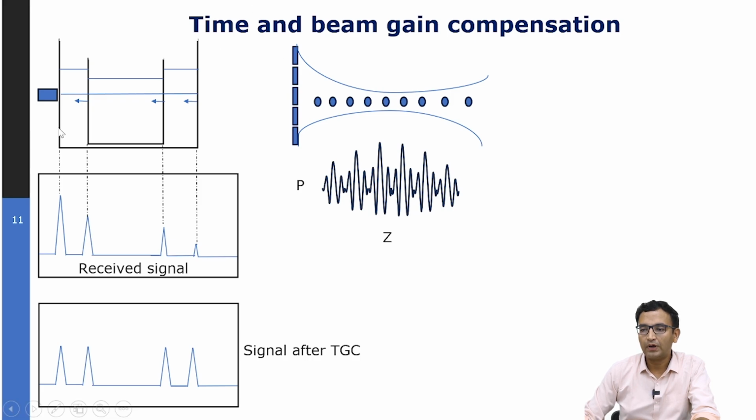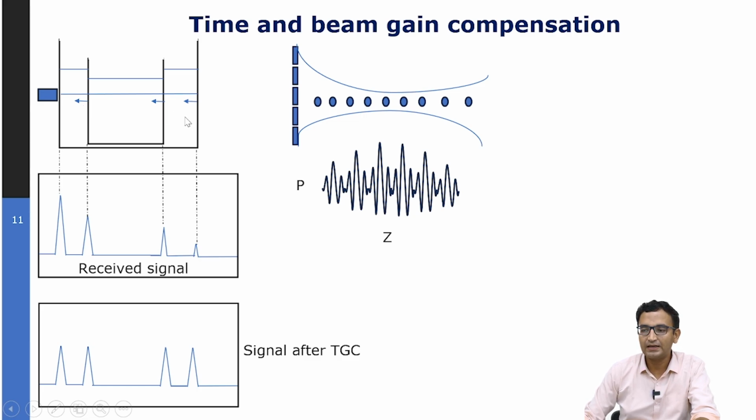Now, consider an ultrasound transducer here on the left side, and there are a couple of interfaces in the medium. Let's assume that these interfaces have uniform reflectivity, in the sense that the reflections from each of these interfaces will be equally strong.